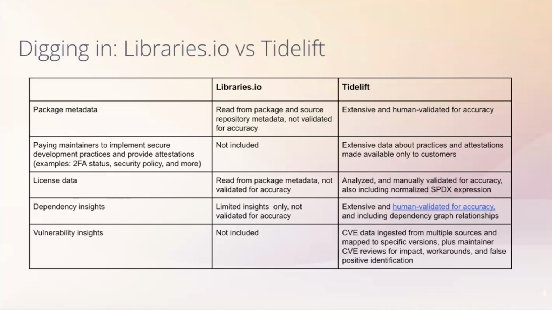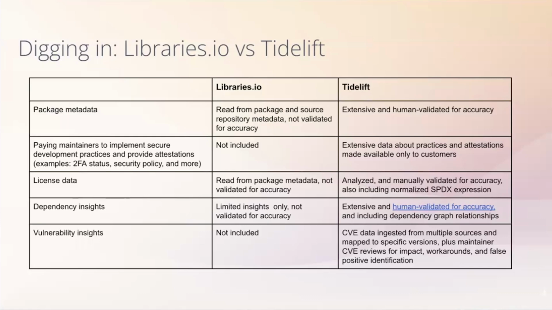Another aspect is that Tidelift, I touched on this in the last slide, we pay maintainers to implement secure development practices. These practices include things like two-factor authentication, whether there's a security policy, who's the security point of contact. All of this data is only available via the Tidelift subscription. It is not available with libraries.io.